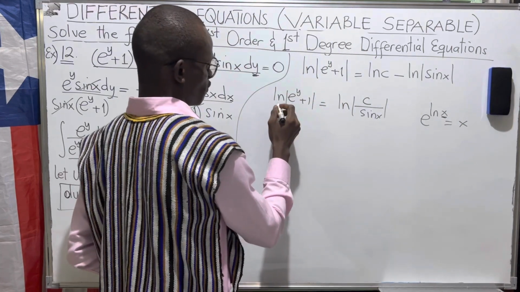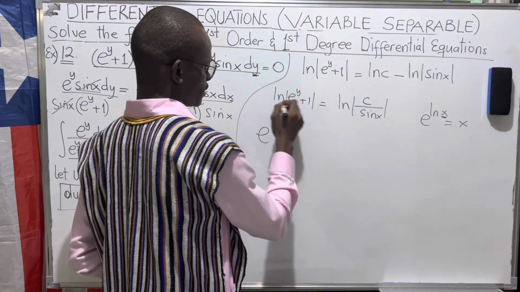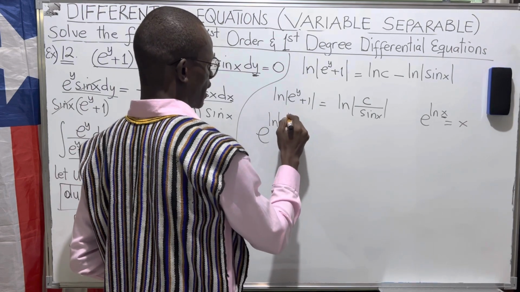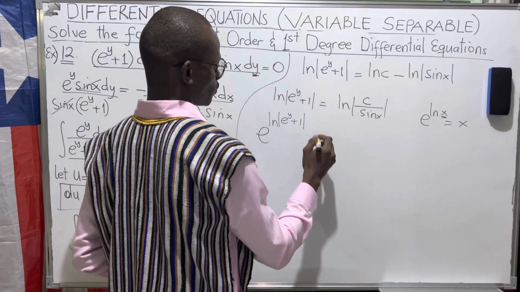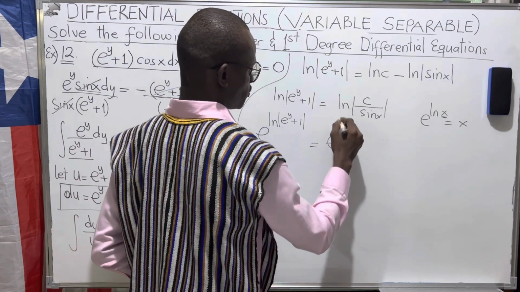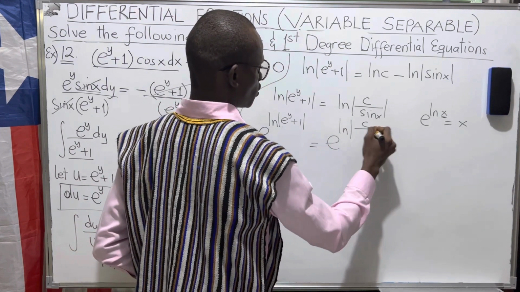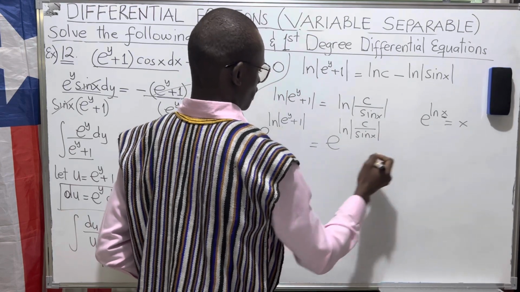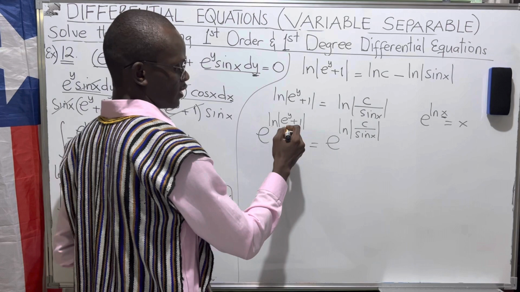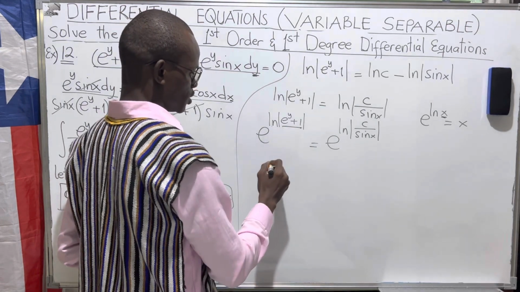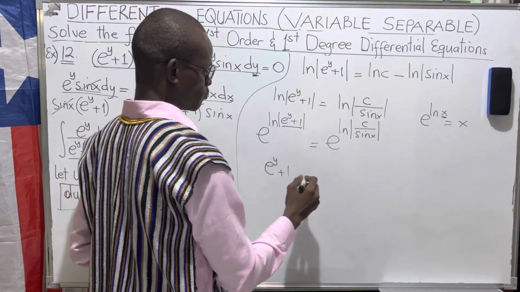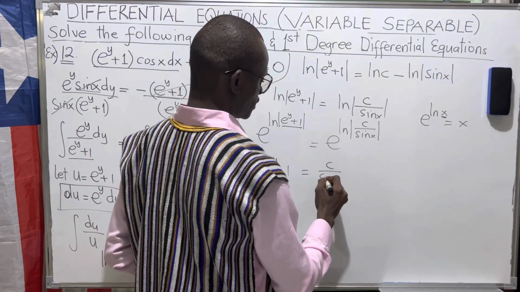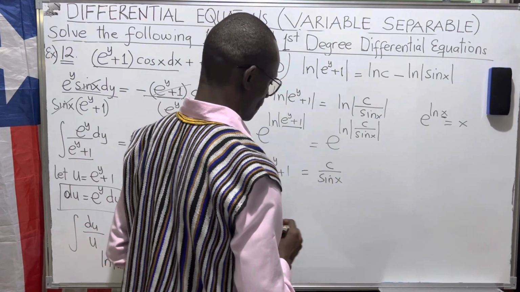So if we do the same on this side, e raised to ln of this expression is just e raised to y plus 1, which equals c all over sine of x.